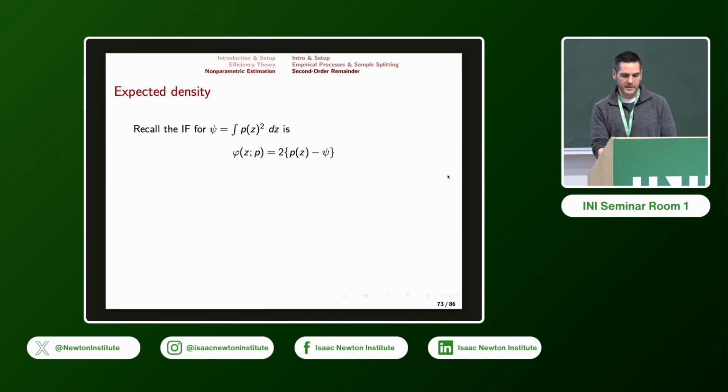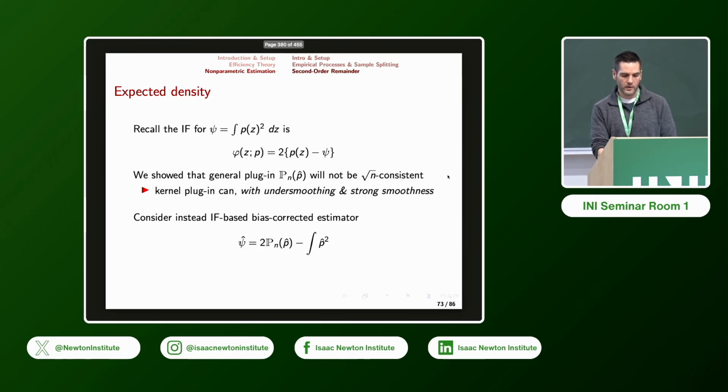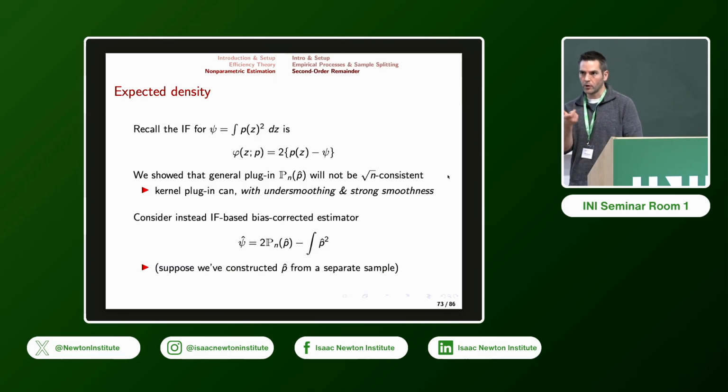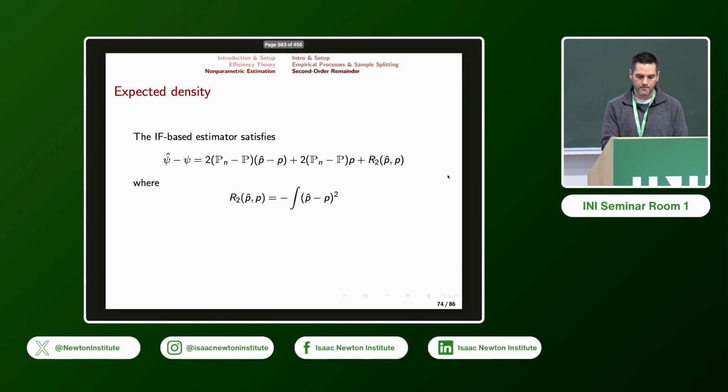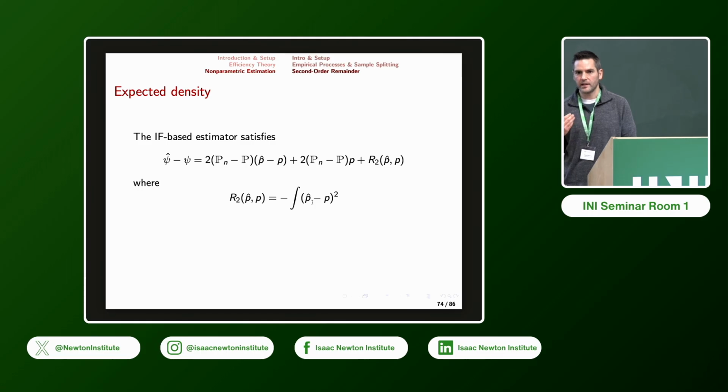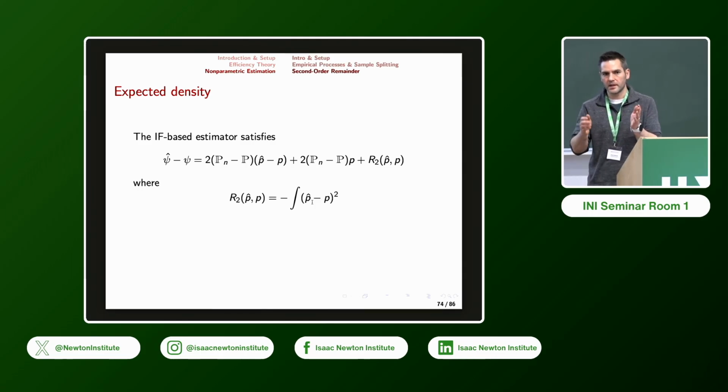For the expected density, we showed this before, you get some L2 norm of the difference between your estimate, p hat, and p, squared. And so that means you need to estimate the density at n to the minus one-quarter rates for that term to be smaller order, because then it's squared.